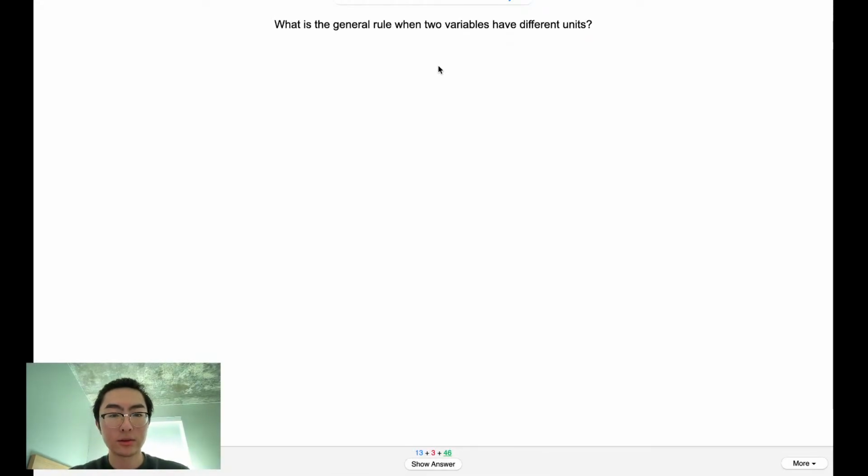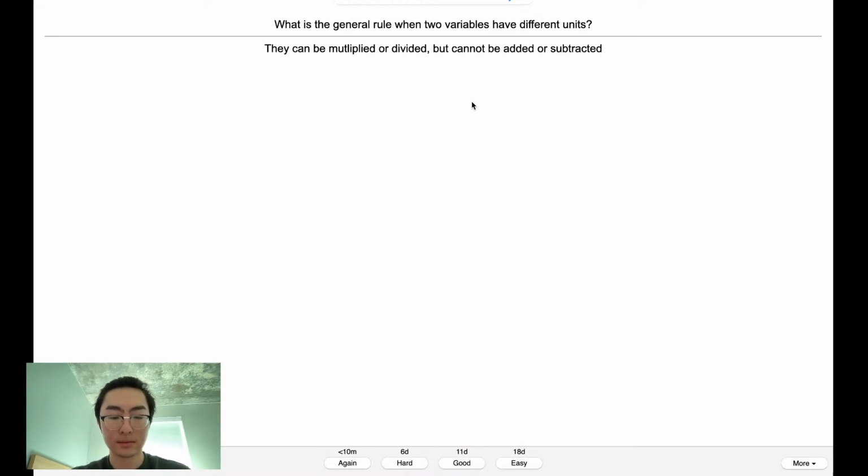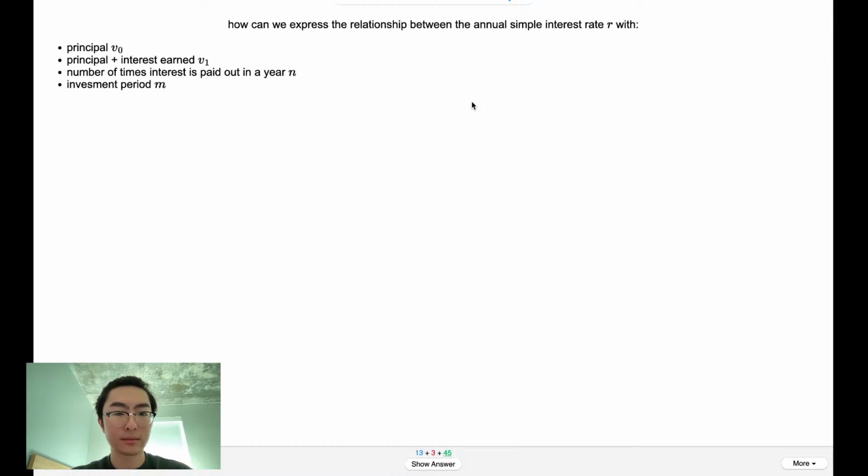What is a general rule when two variables have different units? You can multiply or divide them, but you can't subtract or add them. The relationship between the annual simple interest rate and these four variables: principal plus interest earned, number of times interest is paid out in a year n, and the investment period m.